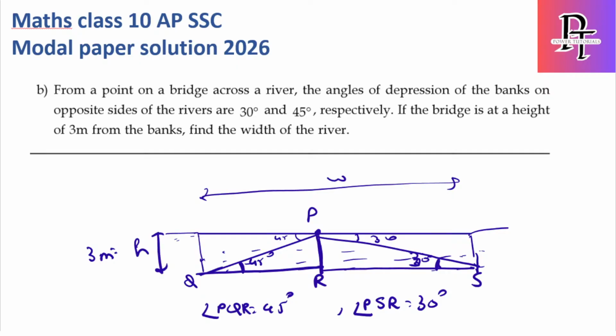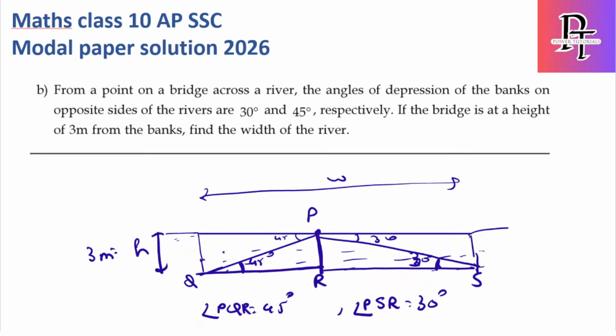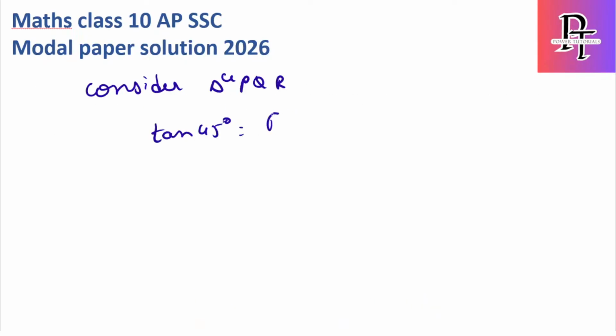So consider triangle PQR. Then tan 45 degrees is equal to PR by QR. Tan 45 is 1, so 1 is equal to PR by QR.